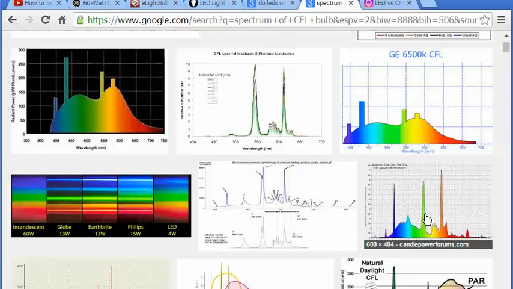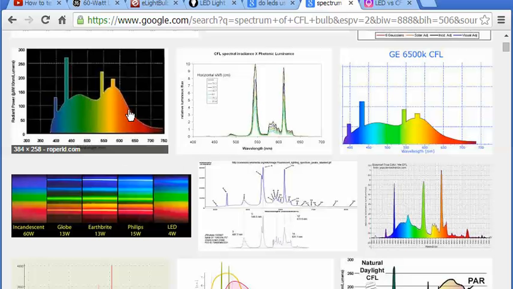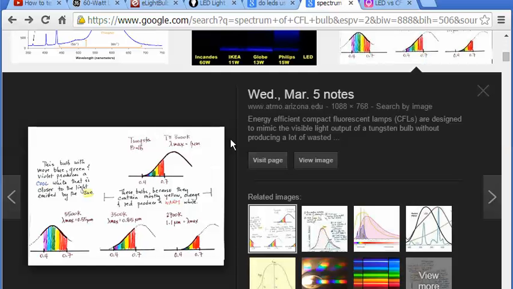Which one do you like the best? This one shows everything coming up in sharp peaks. I kind of like that one. That looks more realistic than this. Looks like here is somebody that's been nice enough to draw out the distributions of wavelengths versus frequency for a 3500 Kelvin color temperature versus a 5500 Kelvin temperature versus a 2700 Kelvin temperature spectrum.